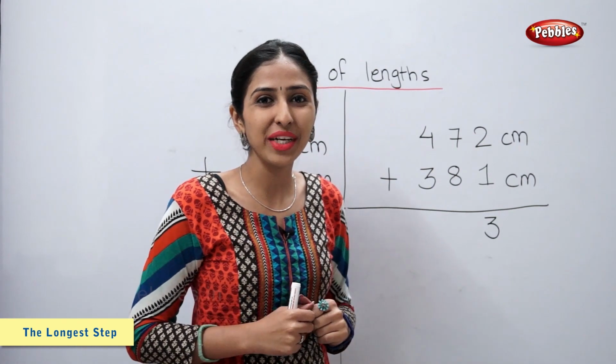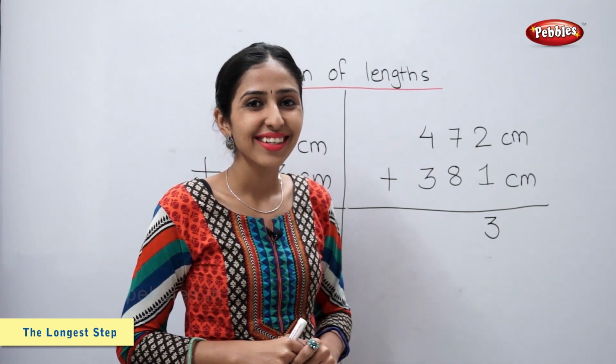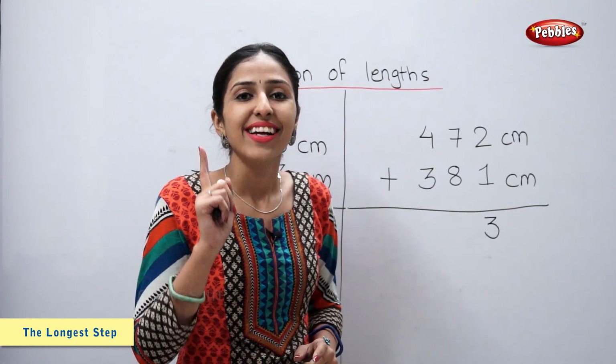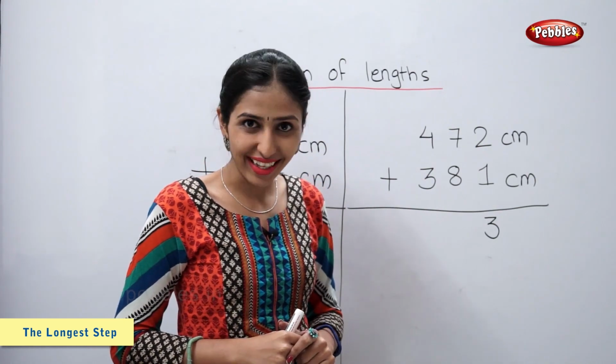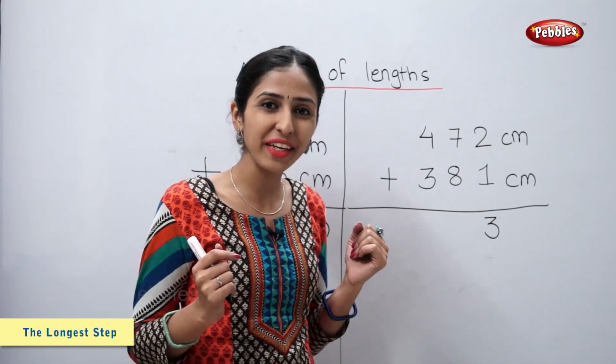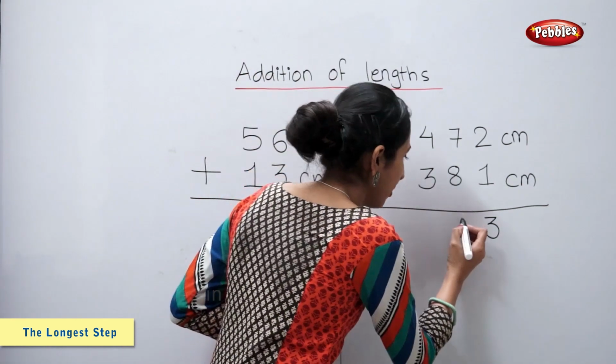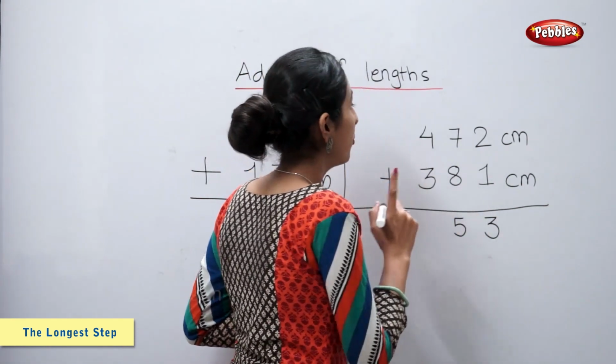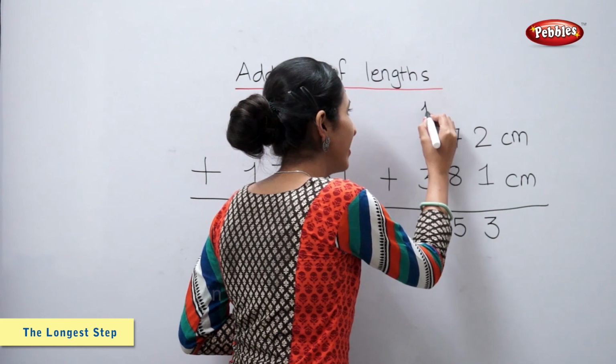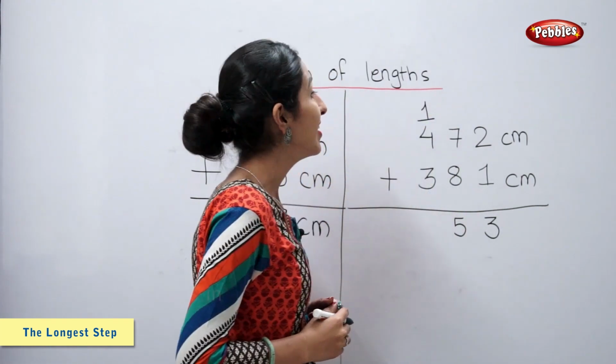Count and tell me, students. Right, 7 plus 8 is equal to 15. So let's write 5 here, 1 carry forward.